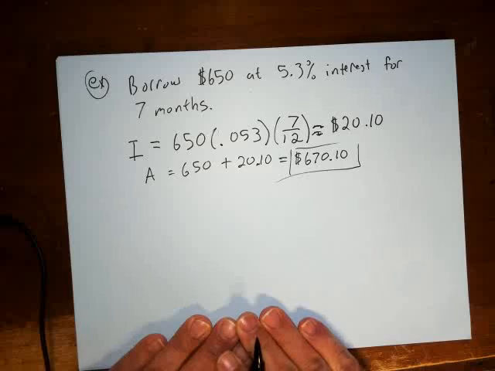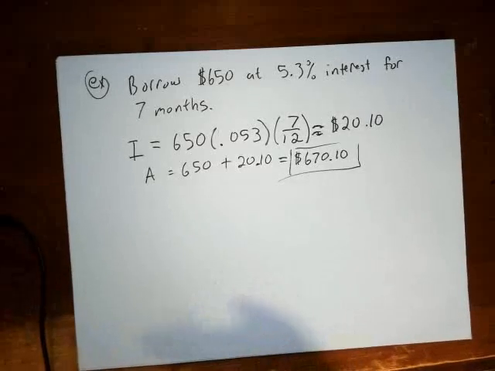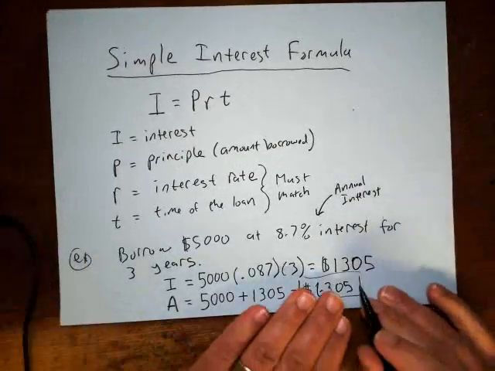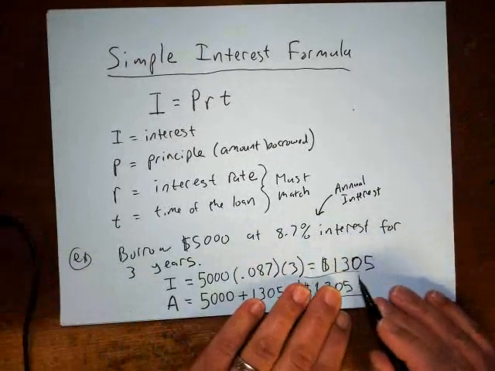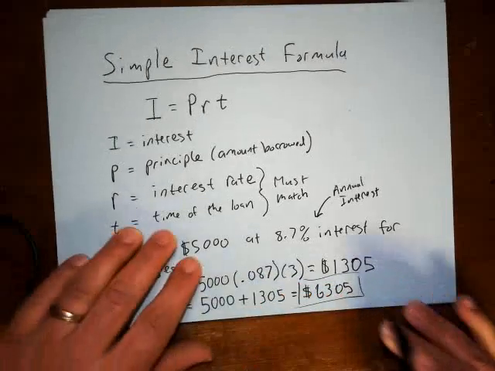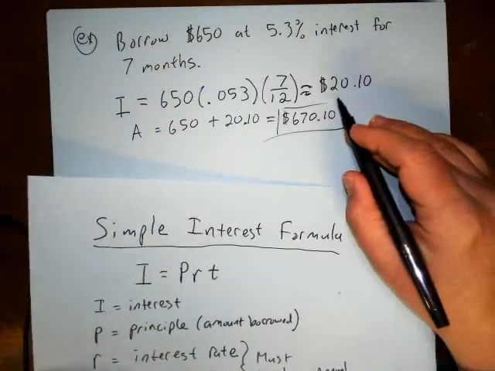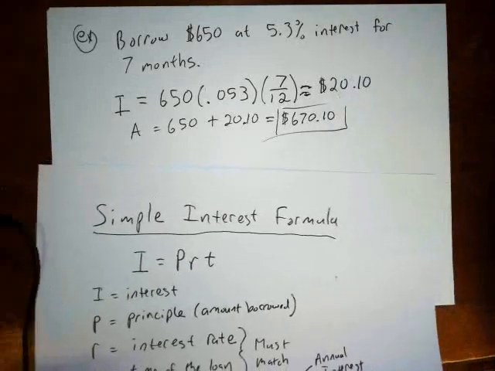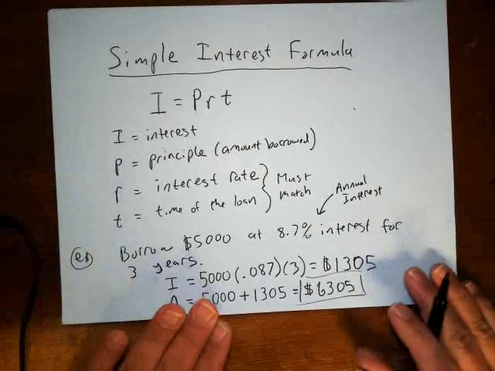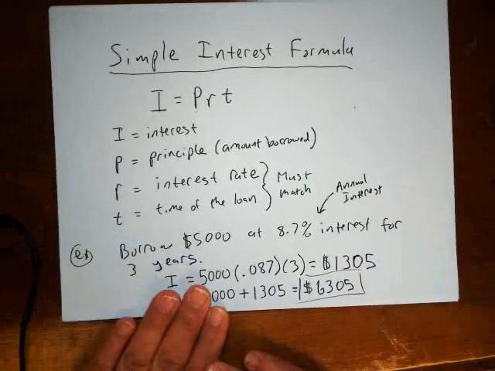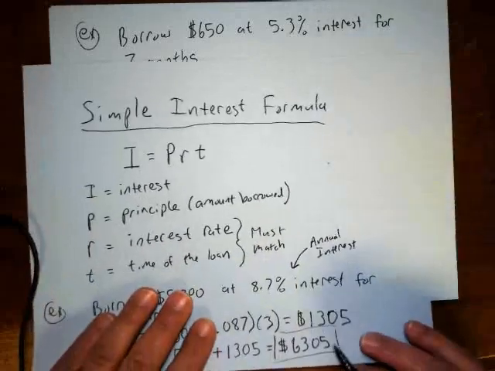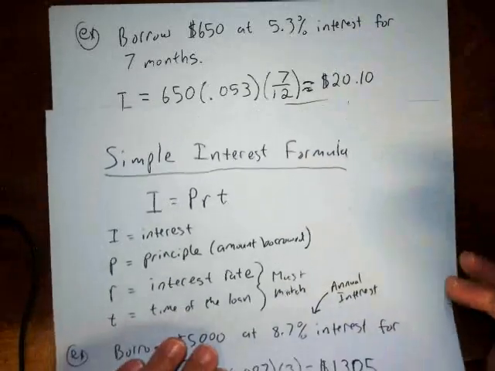Okay. Now, if we go back to this other one, let's compare these two. For this loan, I owed $1,305 interest. For this loan, I only owed $20 interest. Why is there such a big difference between these two? Why is this one so much more interest than this one?